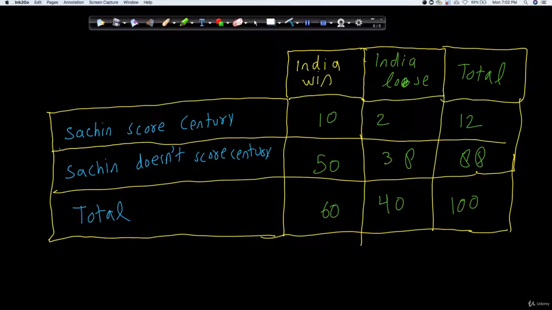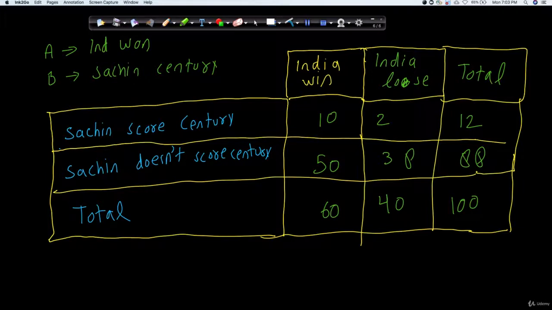We have to define A and B. Let's say A means India won, and B event means Sachin hitting a century. Let's say these are the terms which we are going to define.